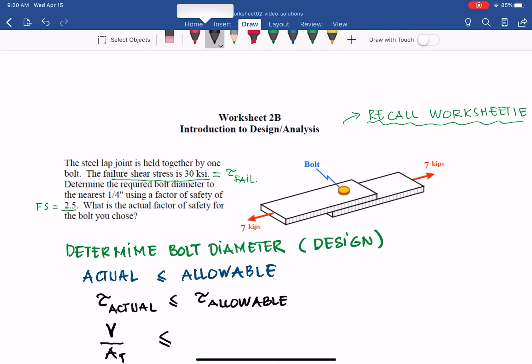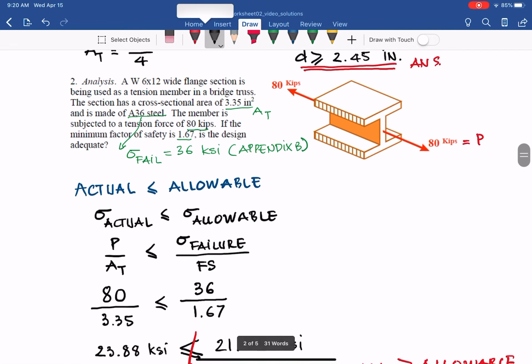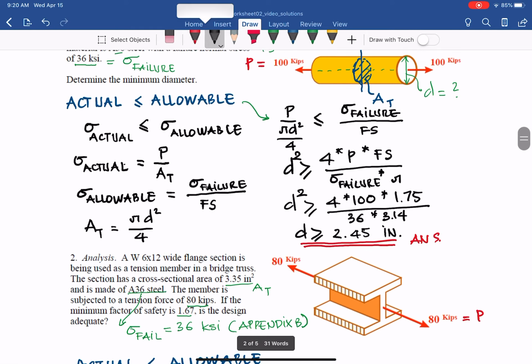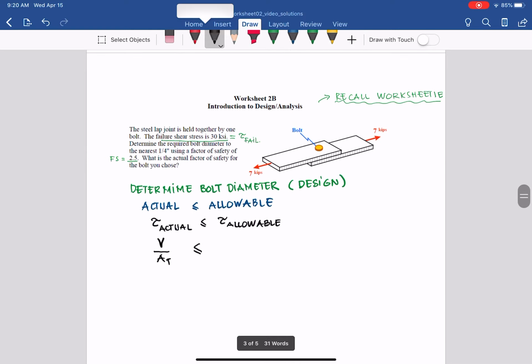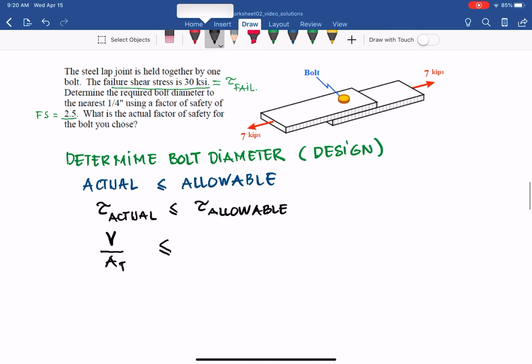If you recall in this worksheet, allowable equals the failure level divided by the factor of safety. In this case it is tau fail divided by the factor of safety, Fs.